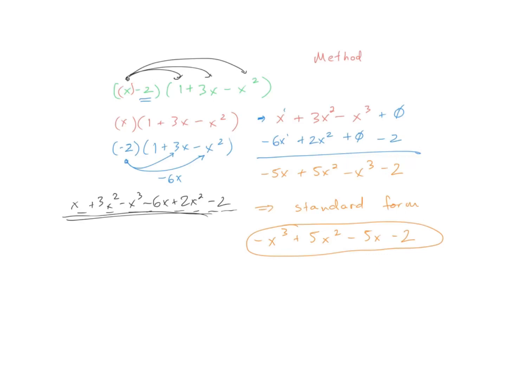There is another method where you can take this question and look at it like this, 3x plus 1, and you have the x minus 2. This method is basically like my method, and it's almost like if you were doing 102 times 32, you multiply the 2 times 4, the 0 and the 2, and then you have the 6, the 0 and the 3.